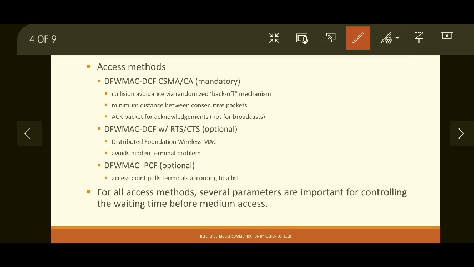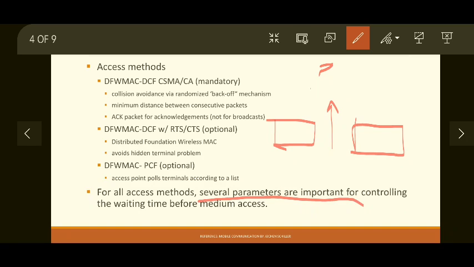For all access methods, several parameters are important. What kind of parameters? I said that packets are not sent consecutively. There is a certain waiting period in between. So how much should the waiting period be? For that, there are several parameters defined by IEEE for controlling waiting time before medium access as well as packet transmission.